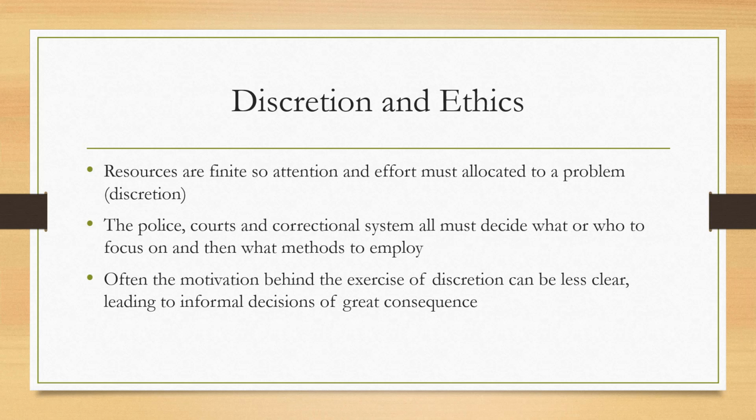Now, that's objectively true. We can look at the numbers. How many people were arrested for marijuana possession, for example. But often the motivation behind this is less clear, leading to informal decisions of very great consequences, such as a large number of people might be smoking marijuana. We know that rates are pretty similar for the genders and pretty similar between the races, but we also know that if you're African American, you're about 3 times more likely to be arrested for simple possession in North Carolina as if you're white.